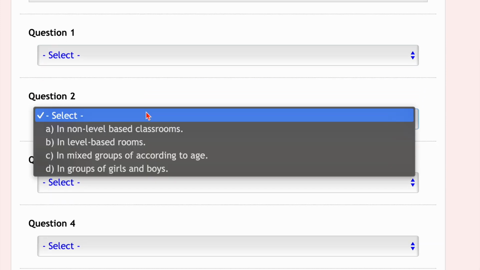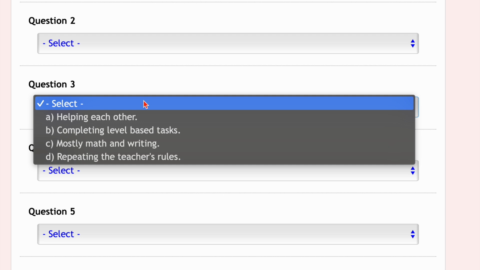How were children taught in schoolrooms 100 years ago? Question 3. What did the students do for much of the school day?